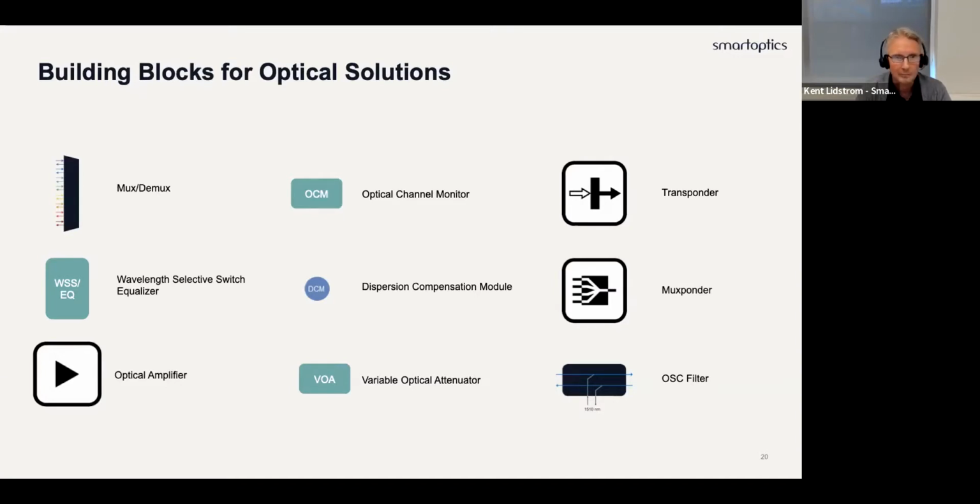You use optical amplifiers, an optical channel monitor, basically a spectrum analyzer that you build into the electronics so you can analyze the optical power level, dispersion compensation modules, variable optical attenuators, transponders, muxponders, and optical channel filters. I will go through how those can work together in a system soon, but those are some of the building blocks that we use in order to form a solution.